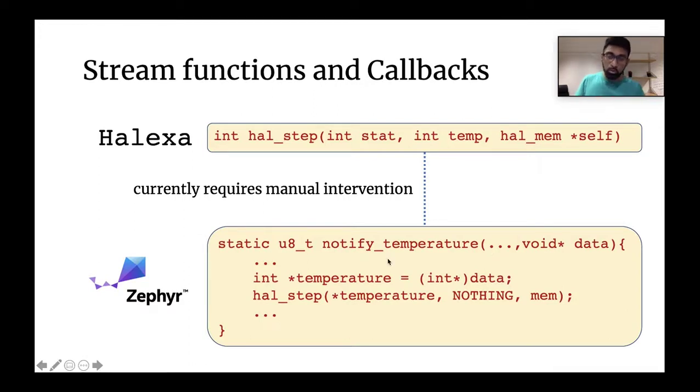So for example, when the notification of a temperature change is triggered, then this must call the step function with the new temperature, saying there's no change in the status of the user, and giving it the memory of the program. This little linking and tying up of the generated code with Zephyr's API is currently done manually, but there's no reason why it shouldn't be possible to generate this also.